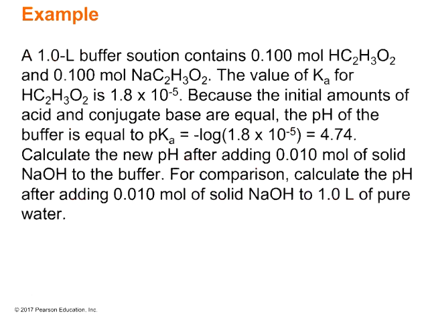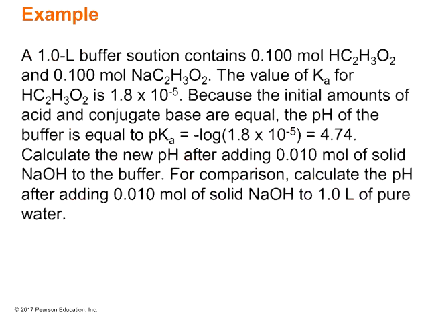Now I'm going to use the Henderson-Hasselbalch equation because it is super useful and it's a lot easier than our original method. In this example, we have a 1 liter buffer solution that contains 0.1 moles of acetic acid and 0.1 moles of sodium acetate. So this is our buffer that we had previously talked about, and we also calculated the pKa for this acid before.